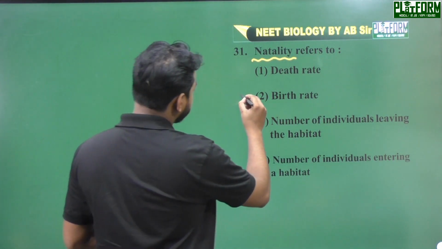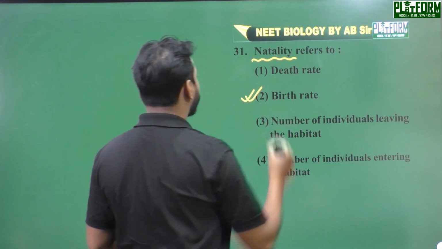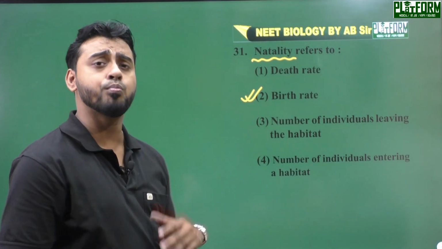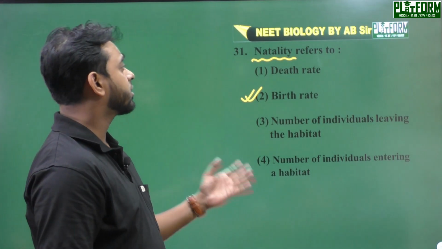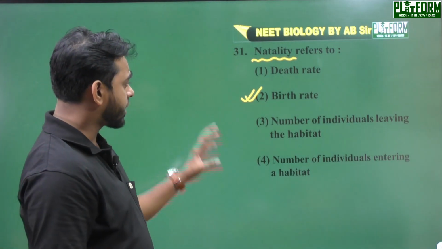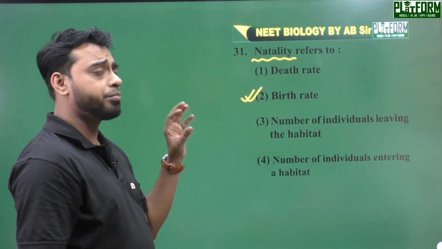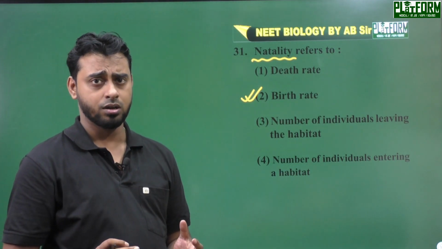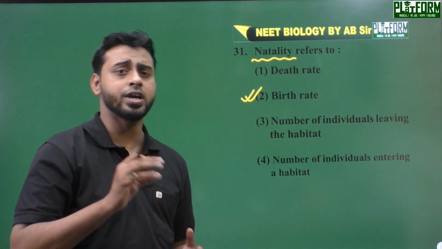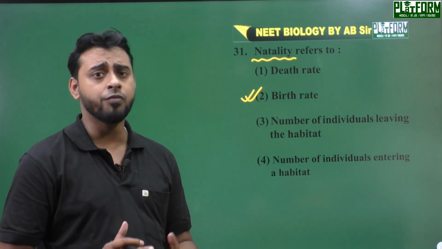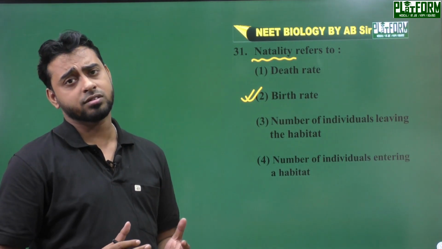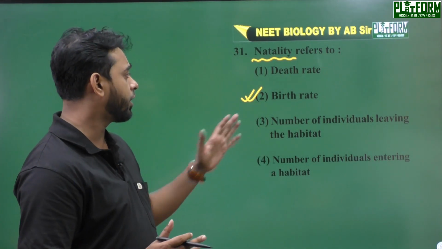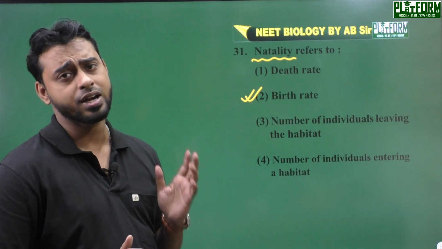The natality means the birth rate. On the contrary, if I am talking about the mortality, that means the death rate. So the natality, that means the birth rate, means the number of individuals added to the population by the process of birth. With respect to time, that's actually the birth rate, also known as natality.